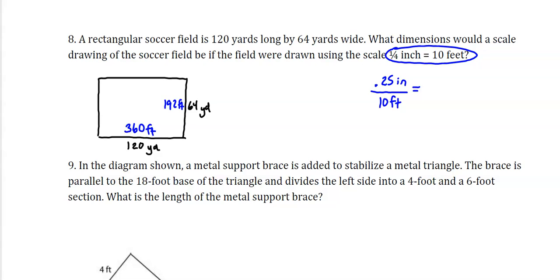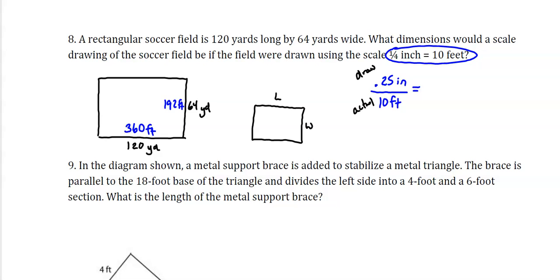So on my drawing, let's do my little drawing. We'll call this the length and we'll call this the width. So we have the drawing is here. The actual is here. So 0.25 inches on a drawing represents 10 feet in real life.